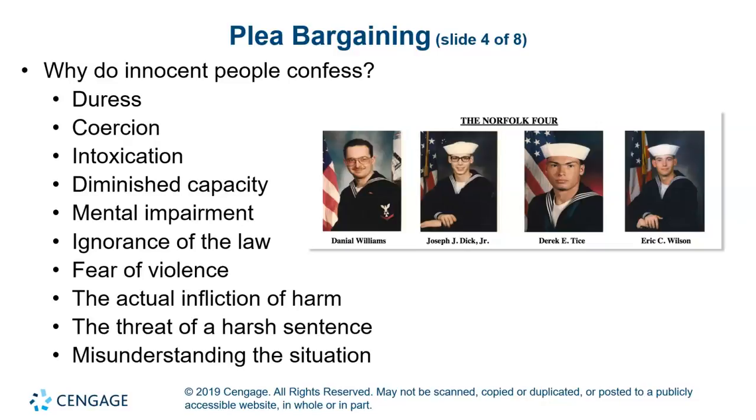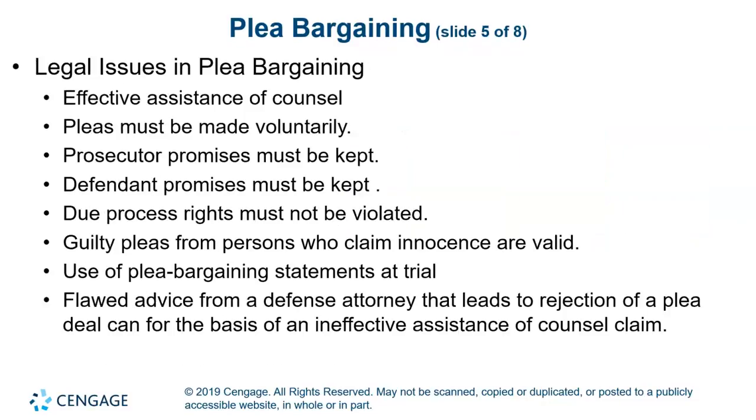And the Norfolk 4 is a great example of individuals that confessed when they actually didn't commit the crime that they were accused of committing. And so the U.S. Supreme Court has reviewed the proprietary issues of plea bargaining in several decisions, and while imposing limits on the practice, has upheld its continued use.